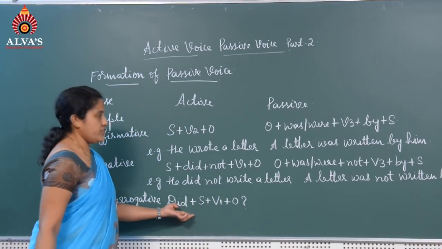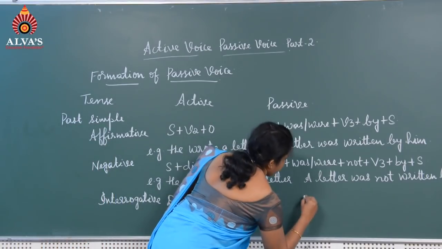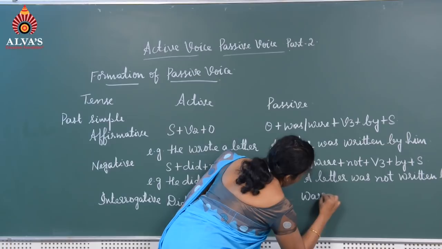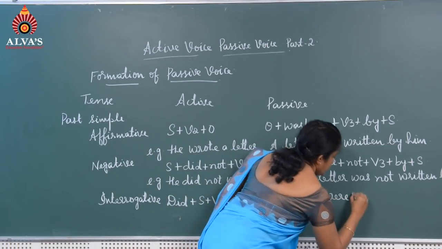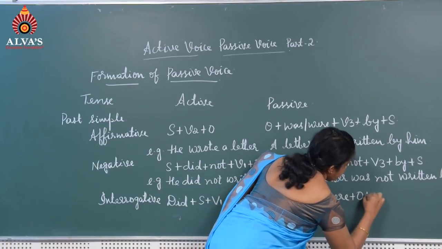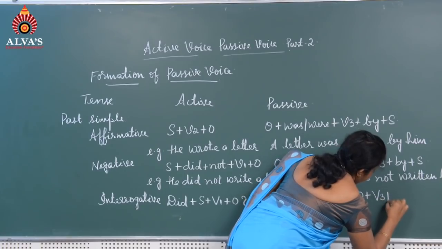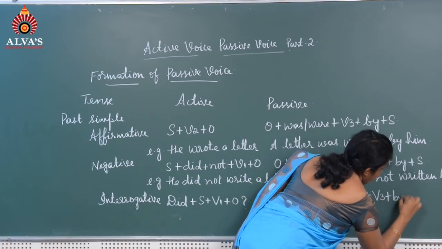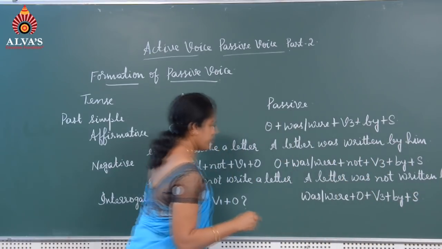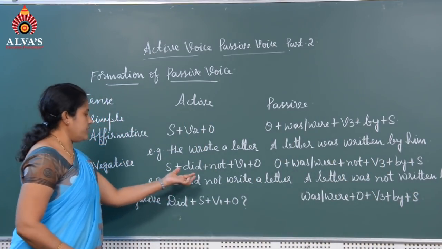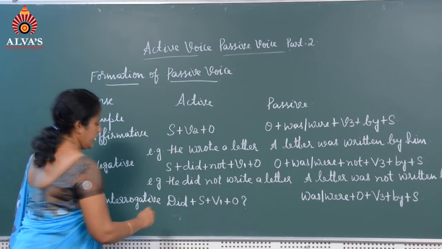Say this is active voice. When we change into passive voice, the formula is was, were plus object plus V3 form of the verb plus by plus subject.